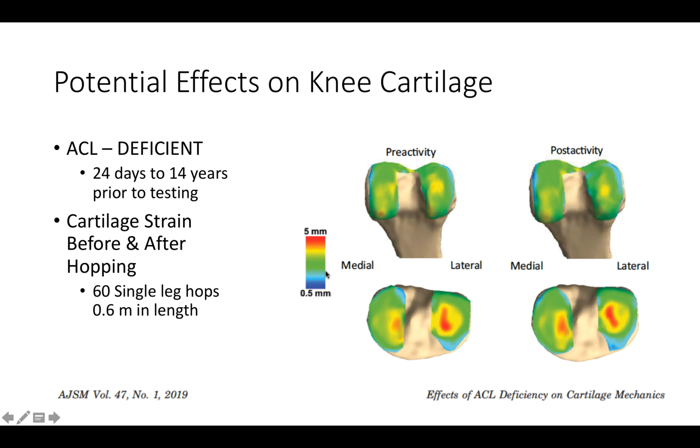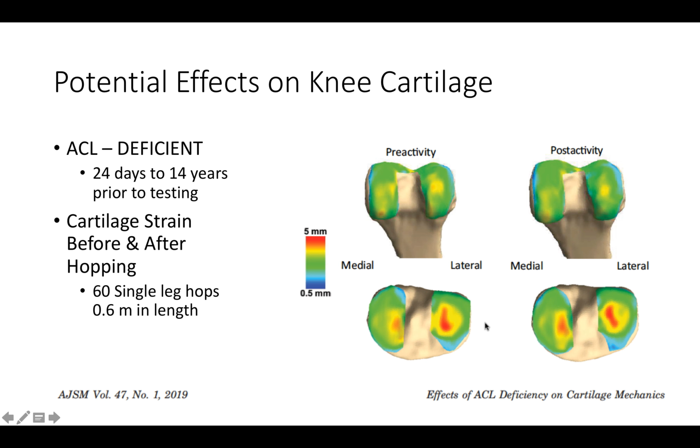And we can see here the red is thicker than the dark blue, and the green's kind of in between. This is the pre-activity thickness, and this is the post-activity thickness. We can see there's a bigger area here in yellow and red on the medial side, and some changes in color toward the green and a little less yellow here on the femoral side.